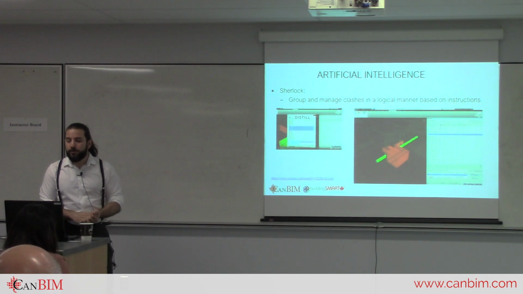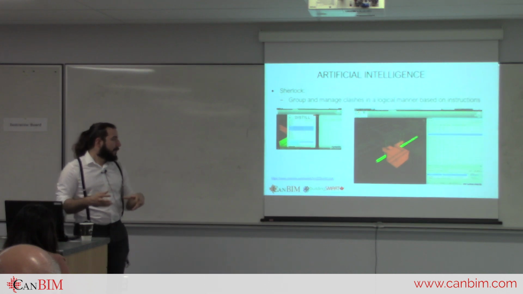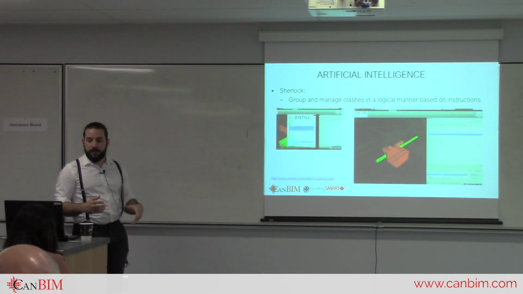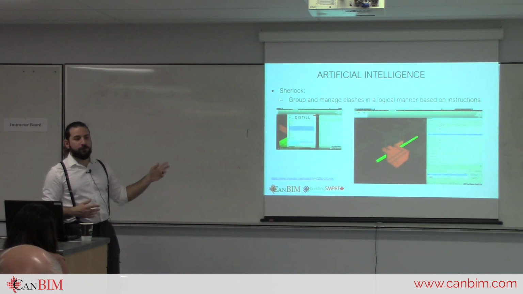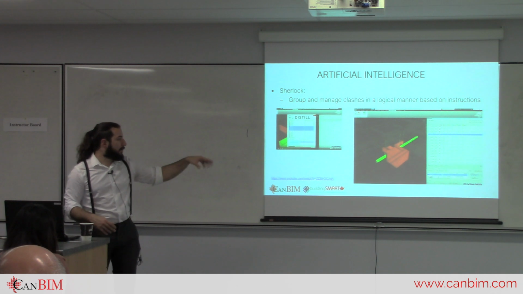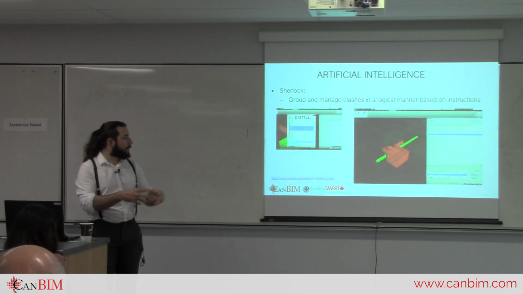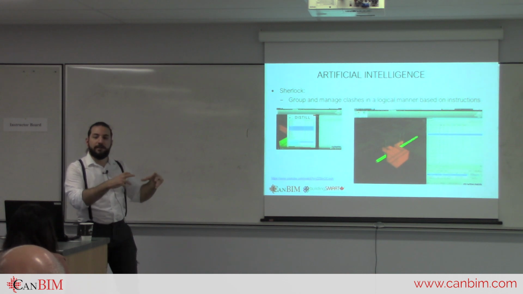You feed some information to it, saying I want to prioritize these items, or these items are related. This is especially good for the construction phase, because they have many more small details, like all these hangers. So it's able to group those together, saying actually there's just one conflict here.